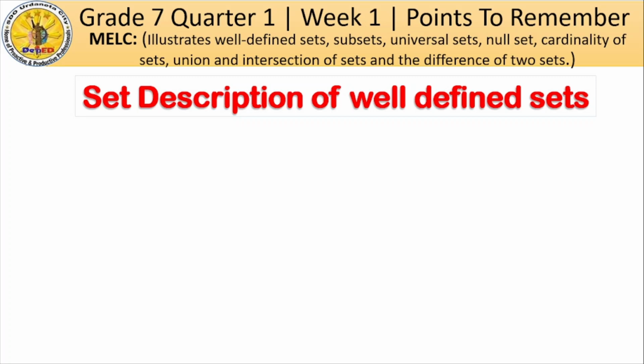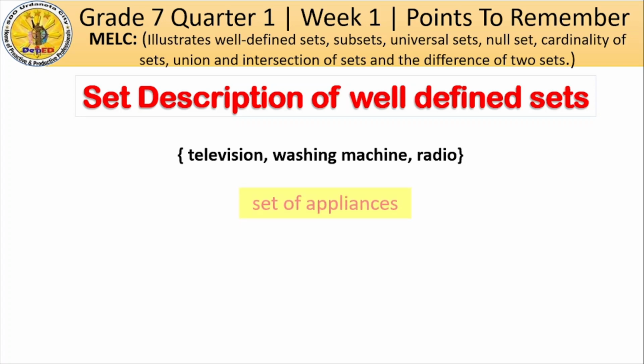We say that a set is well defined if there is no ambiguity as to whether or not an object belongs to it, meaning we can always tell what is and what is not a member of the set. For instance, these elements, television, washing machine, and radio, are a set of appliances.